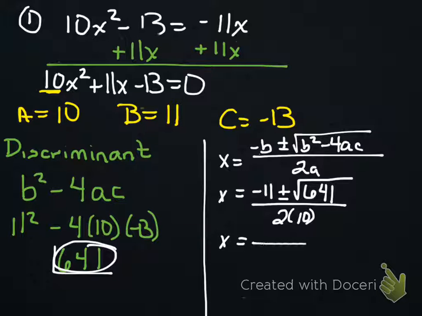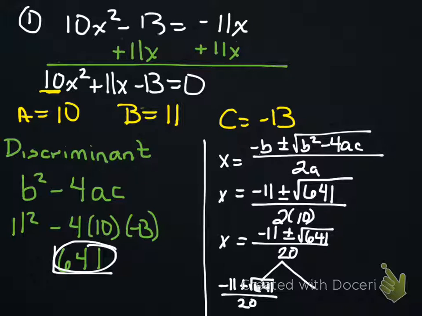So x equals negative 11 plus or minus the square root of 641 over 20. Because there is nothing that can come out of the square root, there is no further way for me to simplify this. The assignment may ask you to go to the decimal. If it does, you type into the calculator negative 11 plus the square root of 641, divided by 20, and find that decimal.